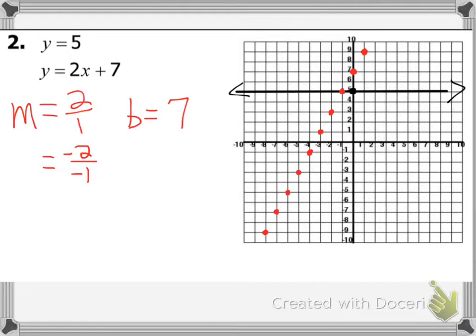There's all the points I can get. Now I can just draw a line through all of my points. Put your arrows on your line.